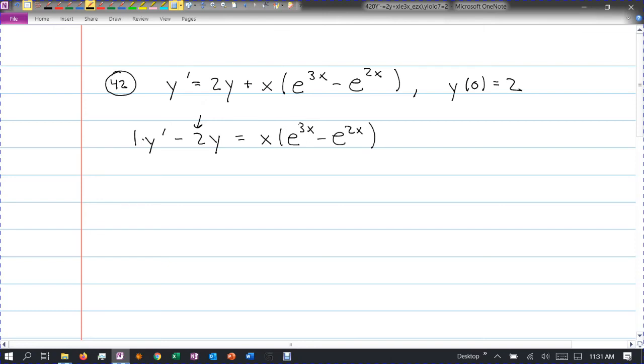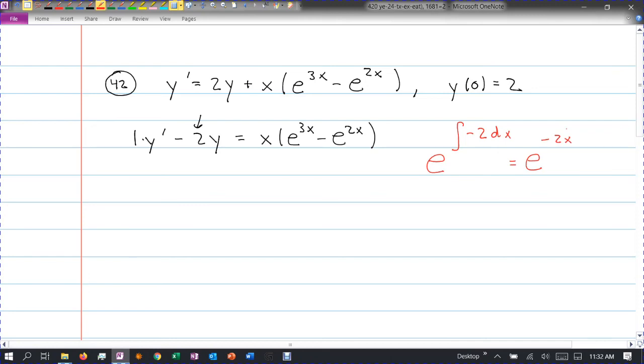So our integrating factor here would be, I guess I'll do this one the whole way, e to the integral of negative 2 dx, which is e to the negative 2x, just like that.